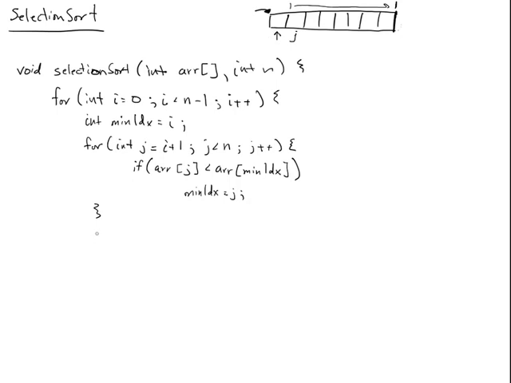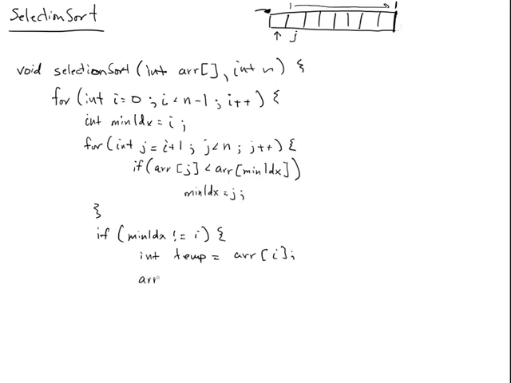Okay, so if minIndex does not equal i, then we need to do our little temp variable, and temp equals array of i.